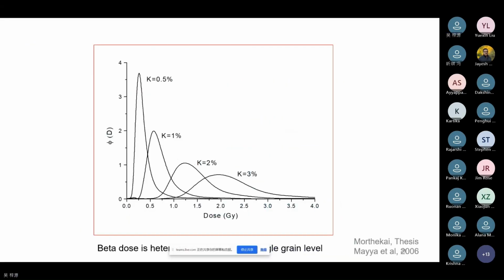So for the same sample, if the potassium is 0.5%, you will get an effect like this. Potassium 3%, you get more averaging. So the amount of potassium will essentially tell you what the heterogeneity in the beta dose distribution is that we need to take into account. And this is the work of Murthy, who has done a great job, and he has given an equation on this.